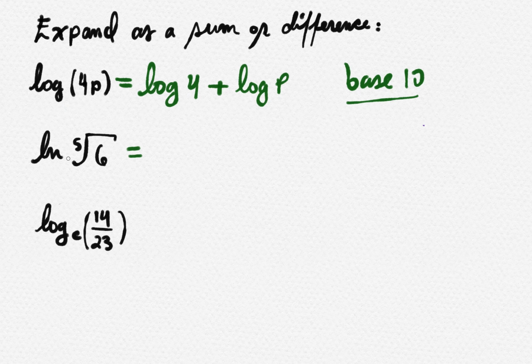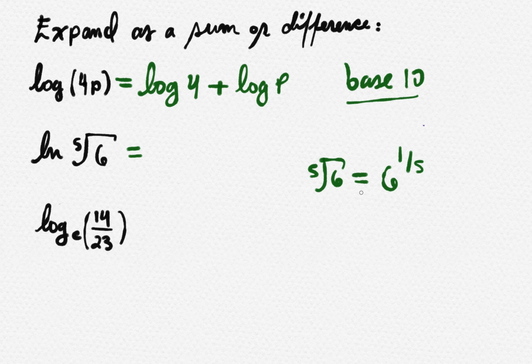For this one, do we have a property that deals with this, the 5th root of 6? Well, we have to recall that 6 with the root symbol and this 5 right here, the 5th root, that's equal to 6 to the 1/5. So that's a fractional power.